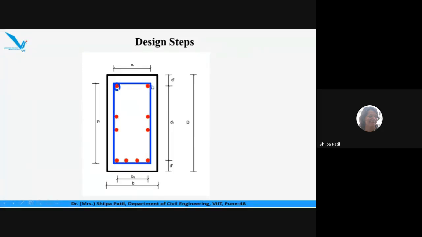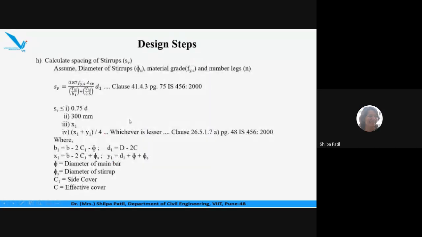So in that we need to add the stirrup dimension. Are you getting my point? And then we have to add twice the diameter, no? Yes, you're right. In this case, it will be twice the diameter. Correct. So x1 will be B minus 2C1 plus 2 phi s. That is correct.